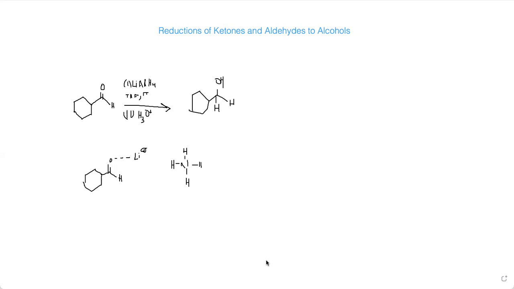And then I'll use a different color for arrows again, just so it's easy to see. So we are attacking that carbon again of the aldehyde in kind of a backside manner, which again kicks electrons onto that oxygen.